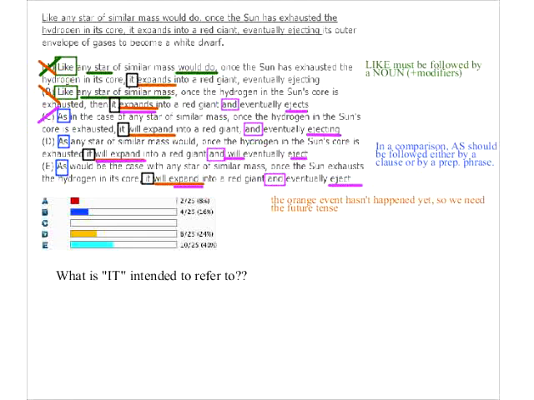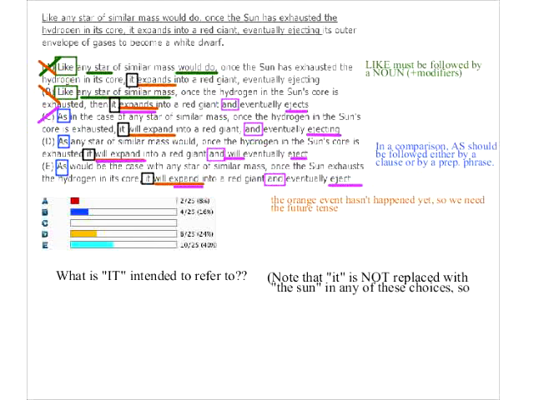Because remember, ambiguity is not a problem here, because it is not replaced with anything. It is in all five choices. So there's no replacement here, therefore ambiguity is not an issue. Note that it is not replaced with the sun in any of these choices.